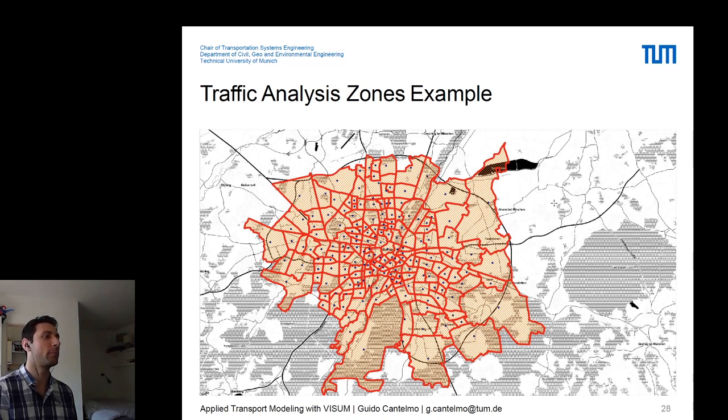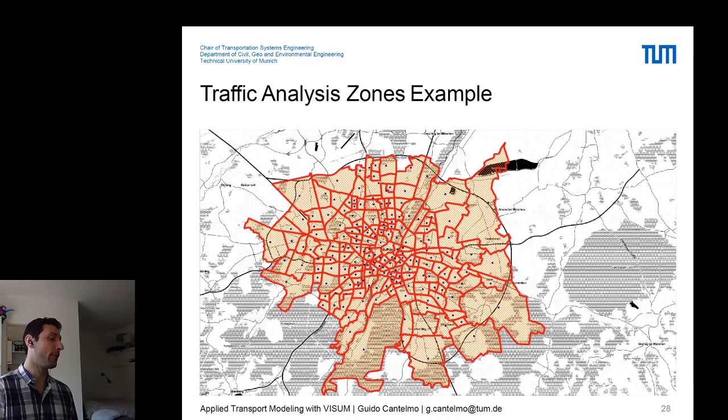If your data cannot be split into half, for instance, then maybe there is no need to split a zone in two, because whatever demand you get there is purely assumption-based. If you have more accurate data, then you can try to push maybe a little bit more. But I would say once again that the first criteria is always the network that you have and the purpose that you want.